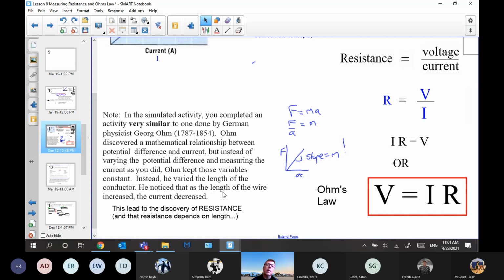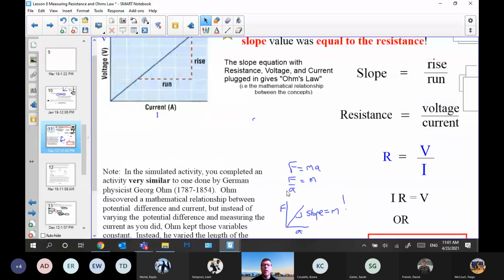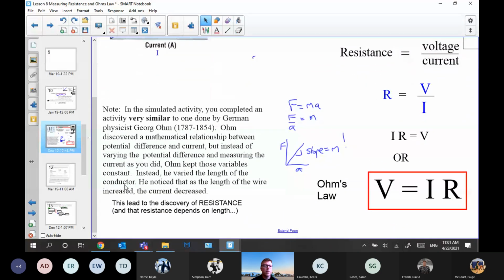Then he noticed as the length of the wire increased, the current decreased, and he analyzed that to figure it out. So basically, he varied the resistance of the material, which would be more complicated, of course, right? But he didn't know any better. He was discovering and learning as he went, but it would be more complicated to do it that way. So good on him to have gotten that done, I guess, even though it was a more complicated version.